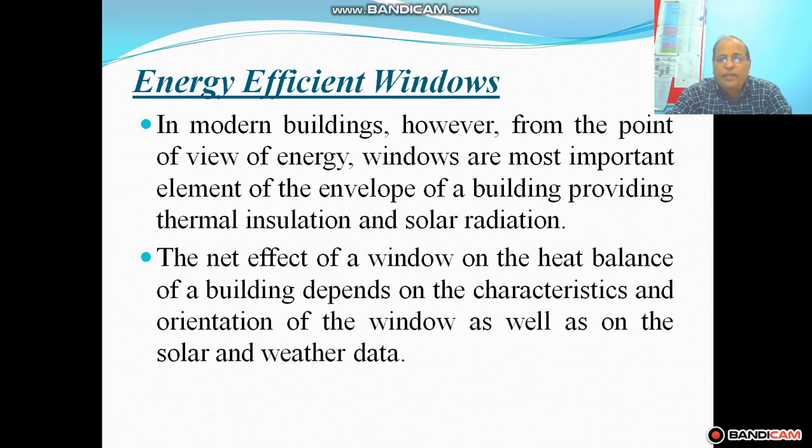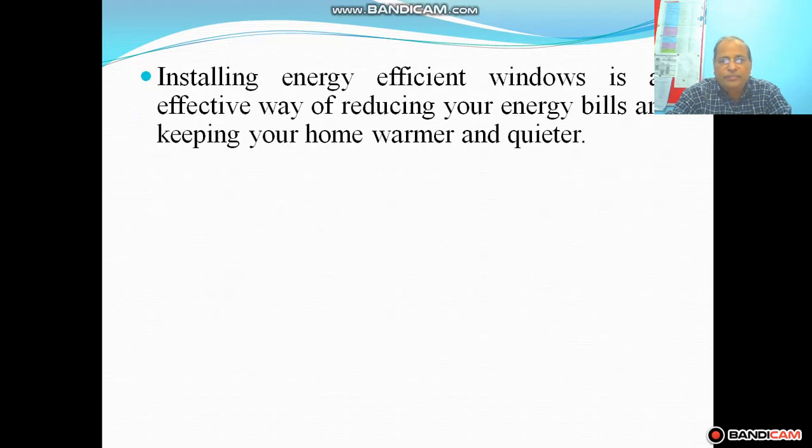The net effect of a window on the heat balance of a building depends on the characteristics and orientation of the window as well as on the solar and weather data. Installing very efficient or energy efficient windows is an effective way of reducing your energy bill and keeping your home warmer and cooler.